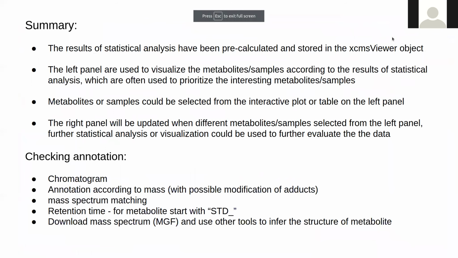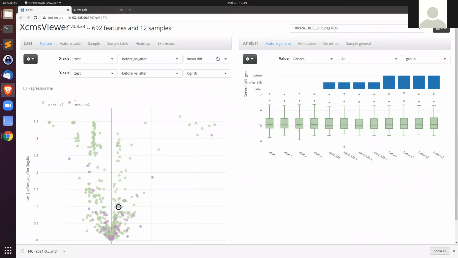Let's have a quick summary at the end. So in xcmsViewer, we have the calculation of t-tests, like correlation analysis. Sorry, the correlation analysis has not been shown yet. I can quickly show you how to do that.